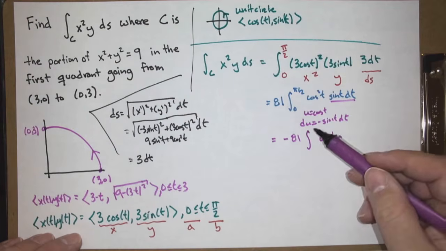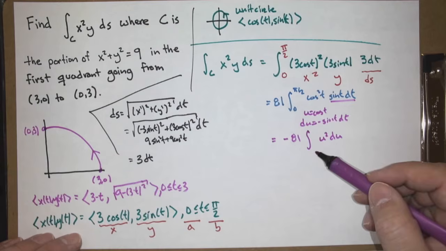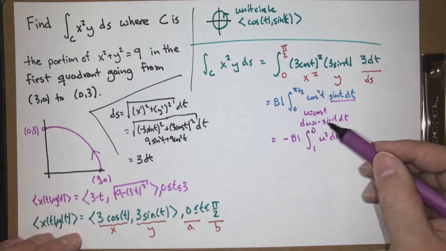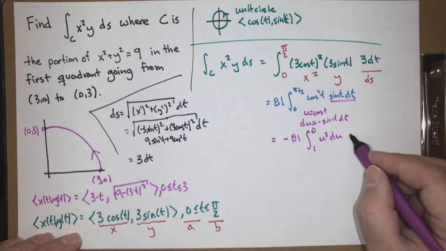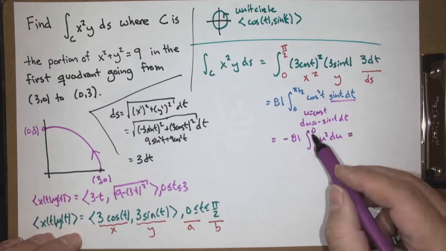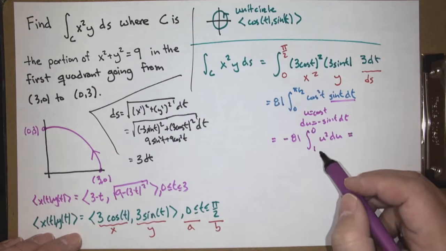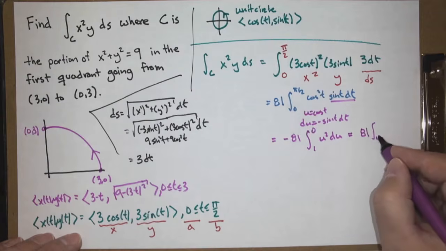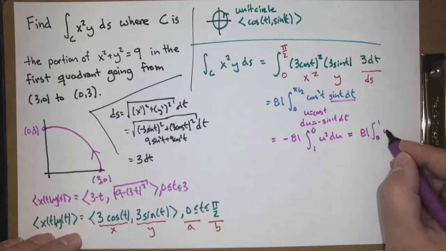And what will our bounds be? Cosine of 0 is 1. Cosine of pi over 2 is 0. Now, because of orientation, we can flip the bounds and change the sign. So this is 81 times the integral from 0 to 1 of u squared du.